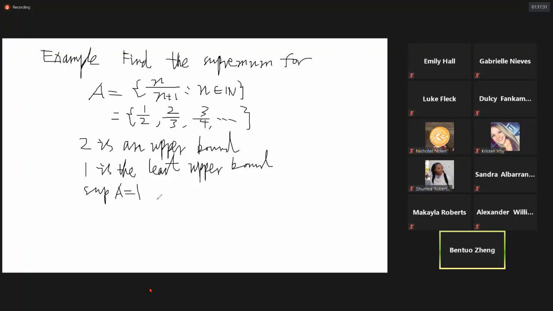Okay, now if we change the set B to be equal to the set of all (2m plus 3) over (m plus 1). What is the infimum for B?